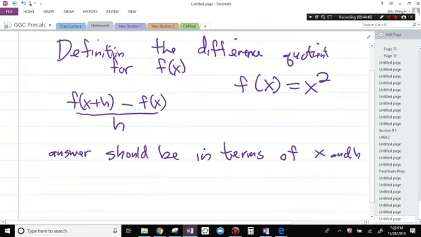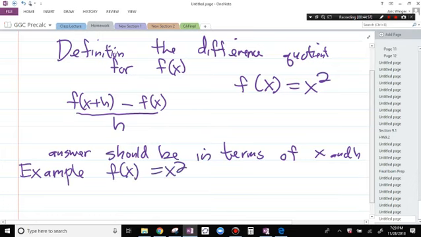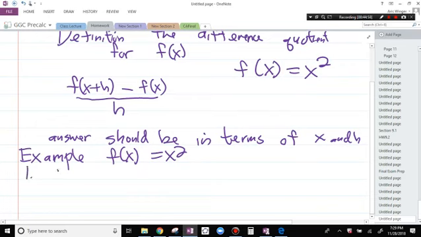Here's an example. It's going to turn out that this is just going to be a bunch of algebra. I'm going to do three things. There's going to be three steps. Number one, I'm going to find f of x plus h. Number 2, I'm going to subtract f of x from f of x plus h.